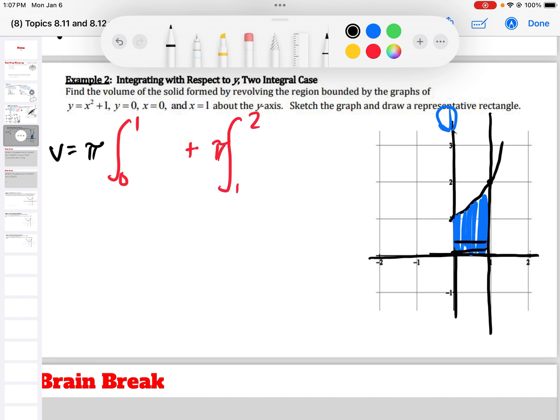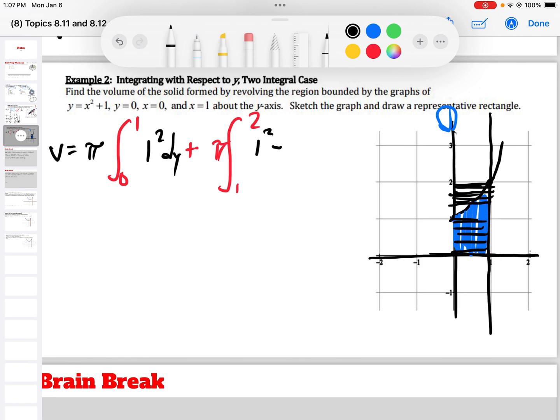In the first one, the radius is always 1, so it would be the radius squared dy. Then for the other one where I need the washer method, going from big R to little r, the bigger radius is always going to be 1. So I'll say 1 squared minus the smaller.